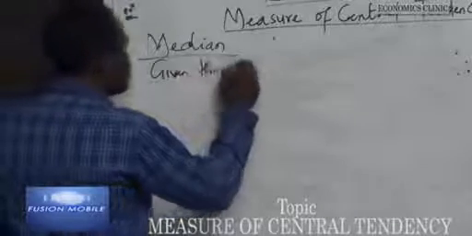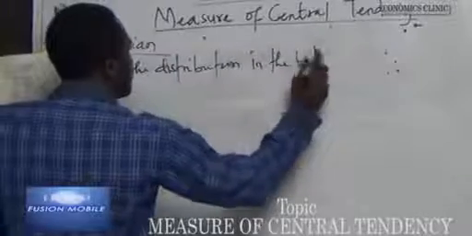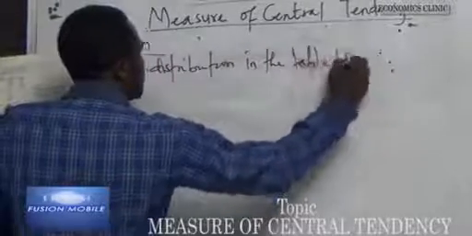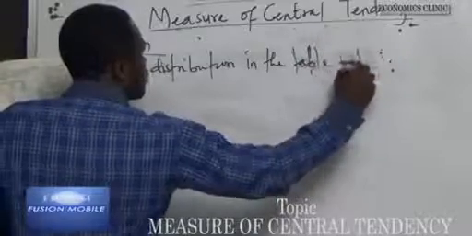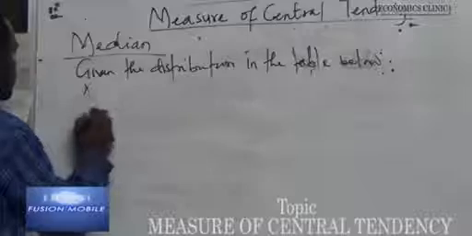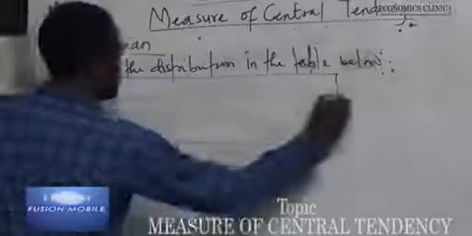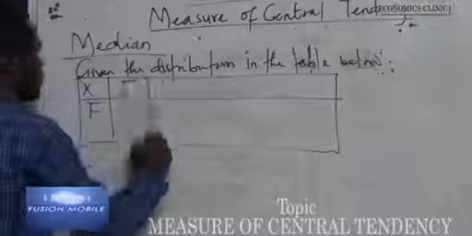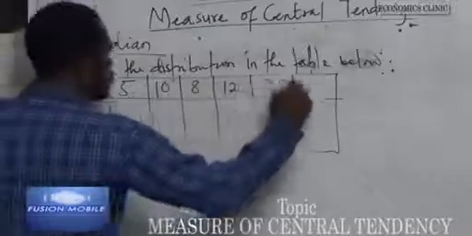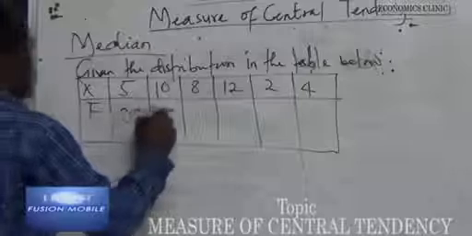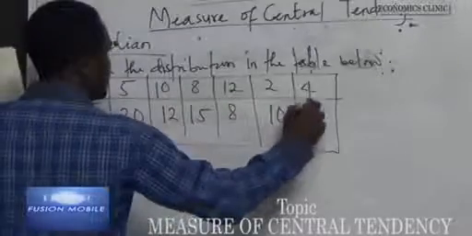Given the distribution in the table below: X, F. 5, 10, 8, 12, 2, and 4. 20, 12, 15, 8, 10, and 16.